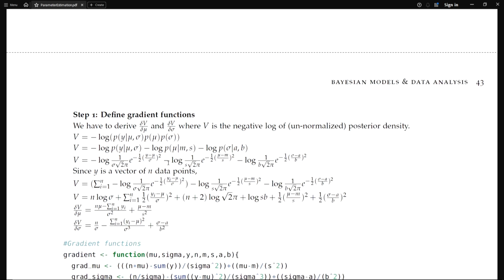So, let us implement this in R. First we need to define the gradient function and the potential energy function, and then we can go on implementing this sampler, right?